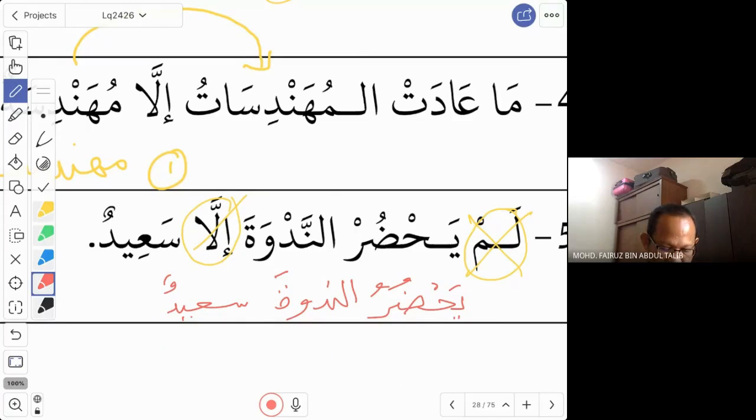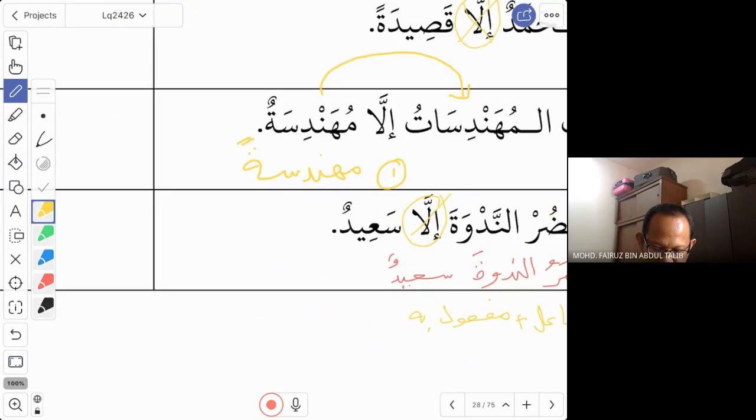So if you look, the structure is a bit different from what we are used to. Normally, the structure is fi'il, then followed by fa'il, then after that you will have the maf'ul bih. But this is actually not compulsory. You can have a different structure: fi'il plus maf'ul bih, then in the end you have the fa'il.